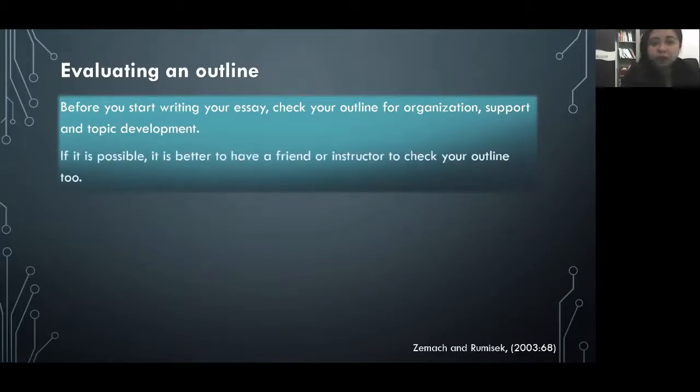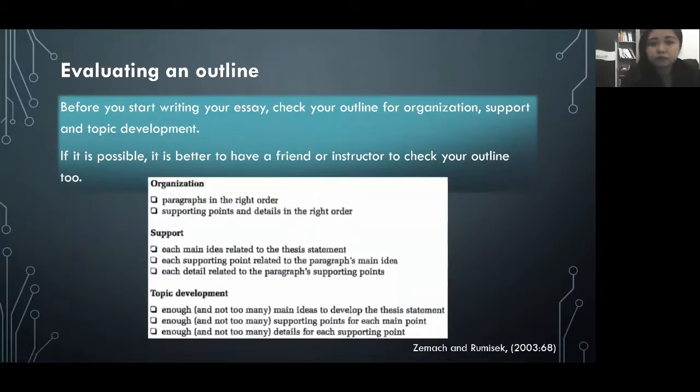If it's possible, it's better to have a friend or instructor, your teacher, your lecturer, check your outline too. Okay, not only your draft. Your outline should be checked, I think, to make it better before you write down your draft. Okay, here is an example checklist that you need to check for your outline.